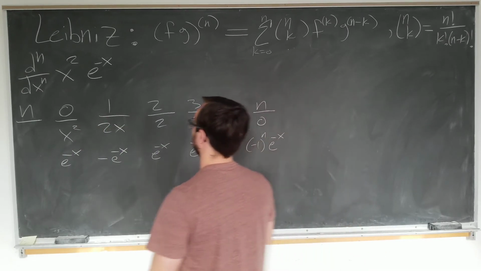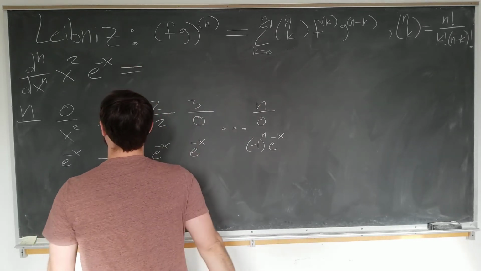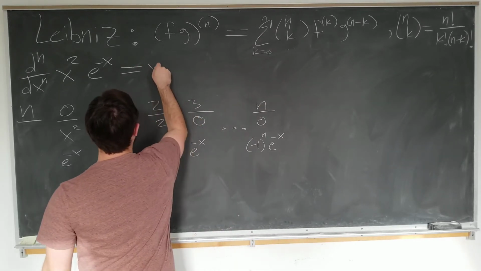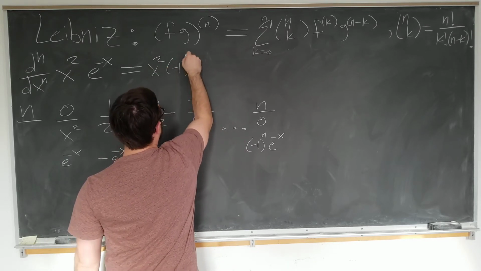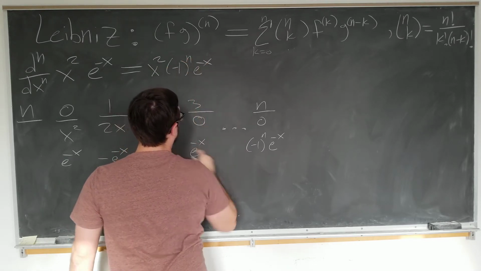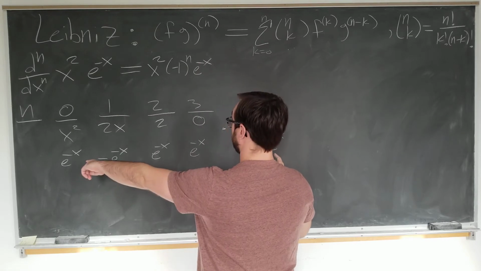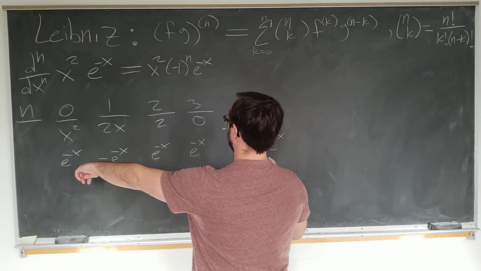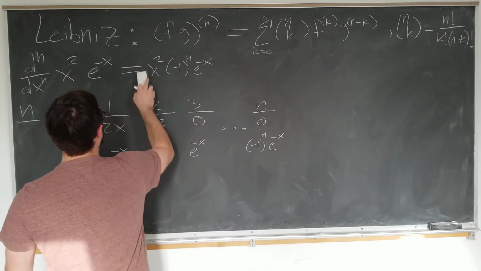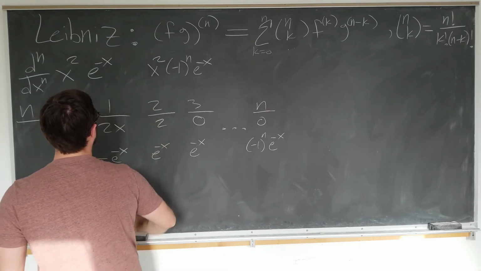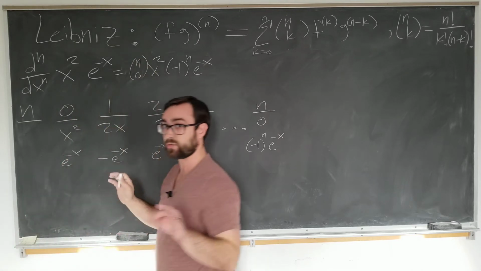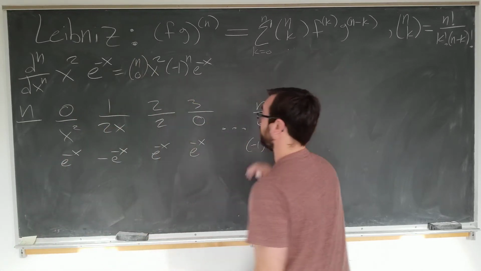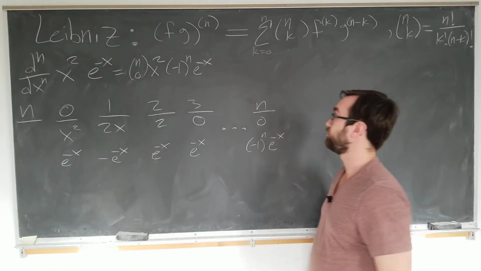All right, so we're going to have x squared times (-1)^n e^(-x). That's the first term. I'll write the n choose 0 just to make it more explicit. N choose 0, which is 1, according to this formula, or you can just know from the triangle that it's 1.